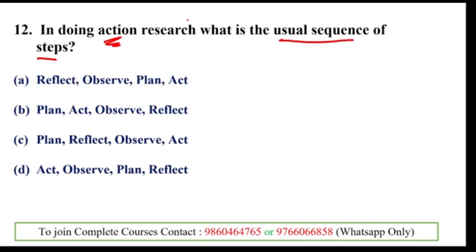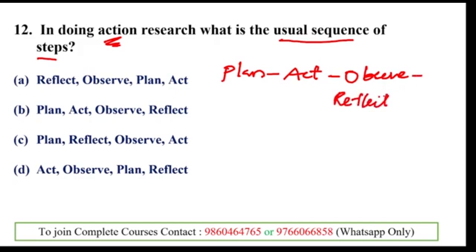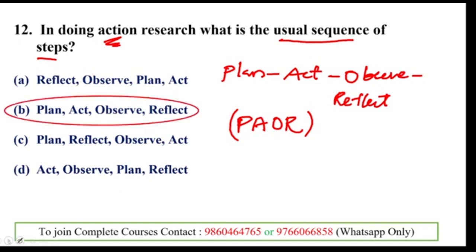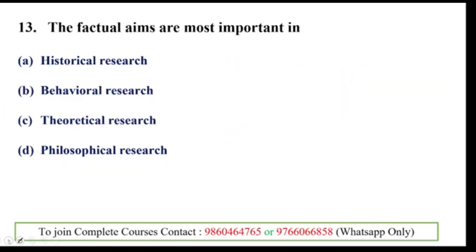For developing, you must have a plan, a development plan first, and then act accordingly, and then observe the various forms or the evaluation of the particular action, and then you reflect on what is the outcome of the action. Clear? So plan, act, observe, reflect. PAOR is a term. Option B is the right answer.